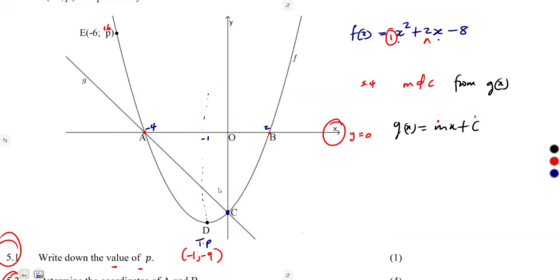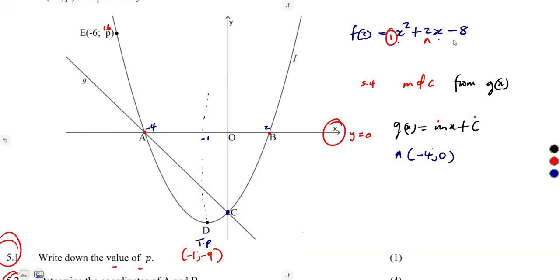To find the gradient of the line g(x), we need 2 points. So far we have point A, the x-intercept of both lines, which is negative 4, 0. Another point we can have on g(x) is C, the y-intercept of both f and g.